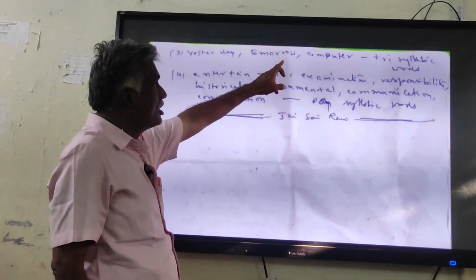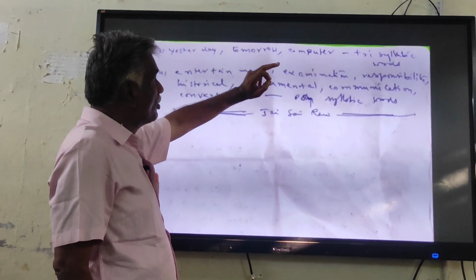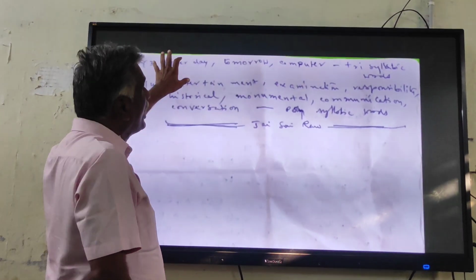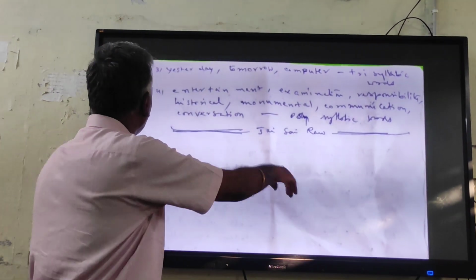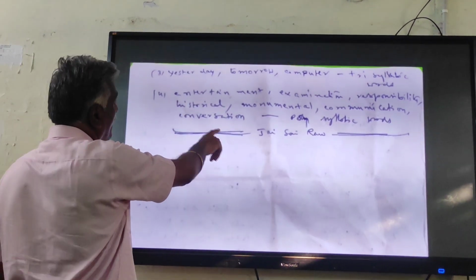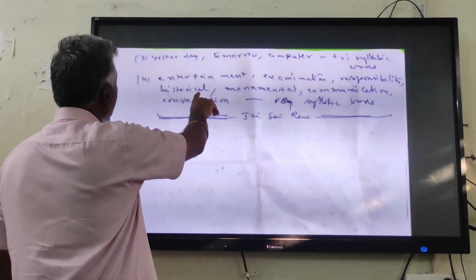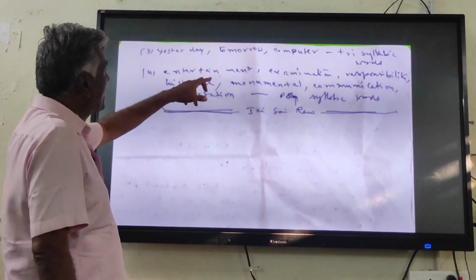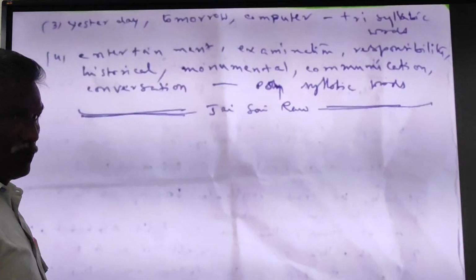Tomorrow, it has three syllables. It is a trisyllabic word. Computer. These are all trisyllabic words. Last one, polysyllabic words. Entertainment. It has four syllables. So that's why it is called a polysyllabic word.